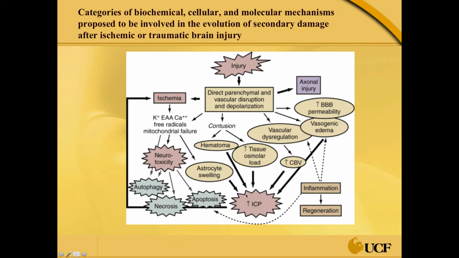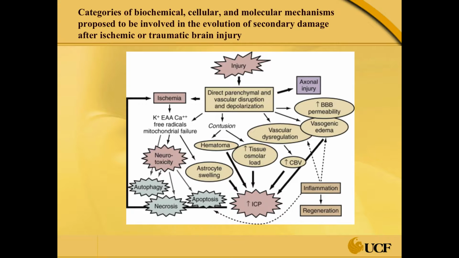And you can see that increased ICP here as a consequence of all of these pathways, which involve increased tissue osmolar load, vascular dysregulation, and increased blood-brain barrier permeability, all these things that result in cerebral edema, inflammation, and in some cases collection of blood and other agents that the closed cranial vault has difficulty containing, that normally aren't there.